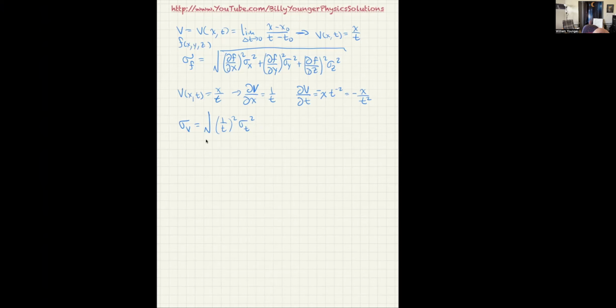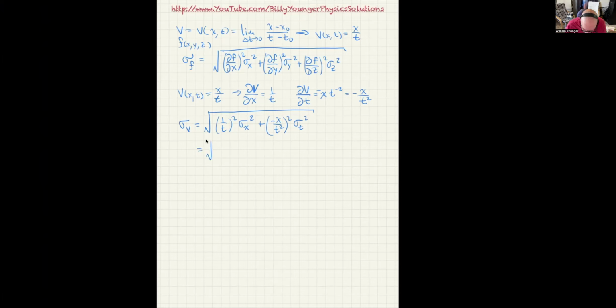That was my derivative with respect to x, so this should be the uncertainty in x squared, plus the derivative of v with respect to t, that is negative x over t squared, which has to be squared, multiplied by the square of sigma t. And that's actually a good formula. Okay, so we could calculate it accordingly, but I'm going to show you another way in a second. But right now I'm going to write down the square root.